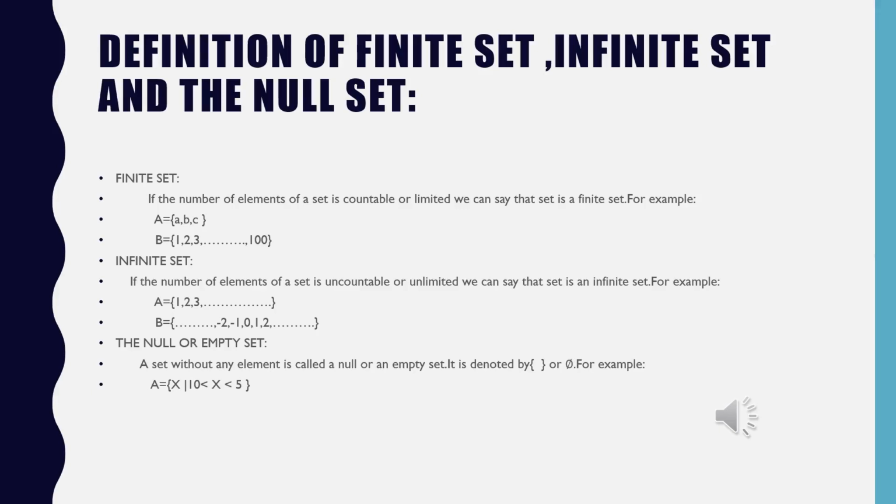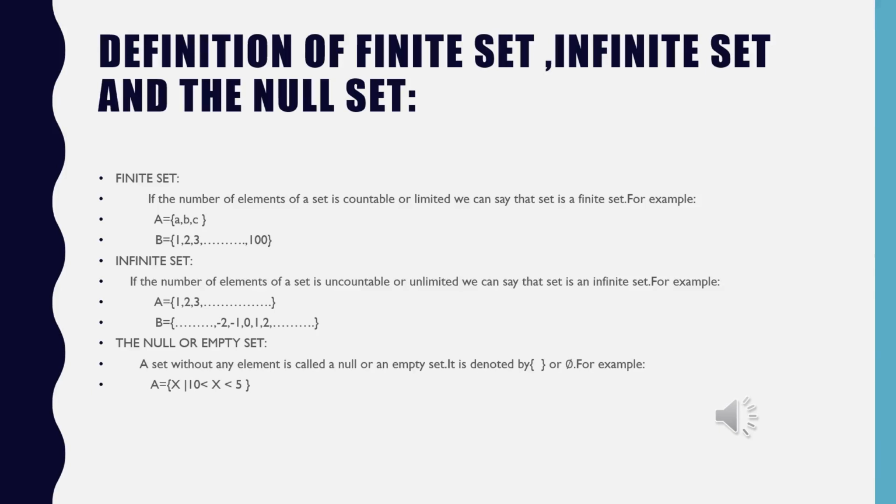For example, set A is equal to, inside the curly bracket, a, comma, b, comma, c, bracket close. Then set B is equal to, curly bracket, 1, comma, 2, comma, 3, dash dash till 100, curly bracket close. These two sets which I had already explained to you are finite sets, because they are countable.